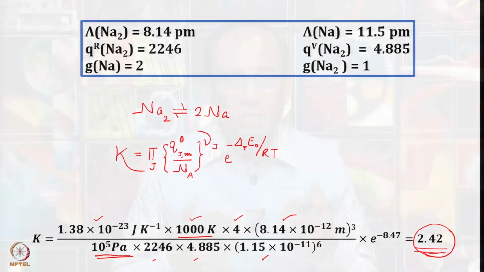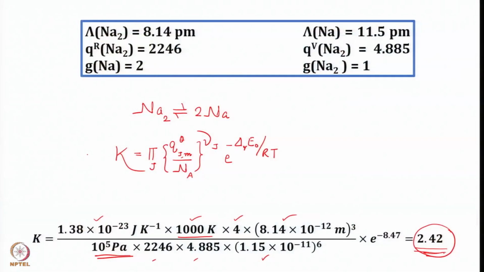So just to recap, by starting with this equation, we have identified what different contributions go into the molecular partition function, and from those contributions we have evaluated this equilibrium constant. The calculations may appear a little lengthy, but the procedure is very simple.